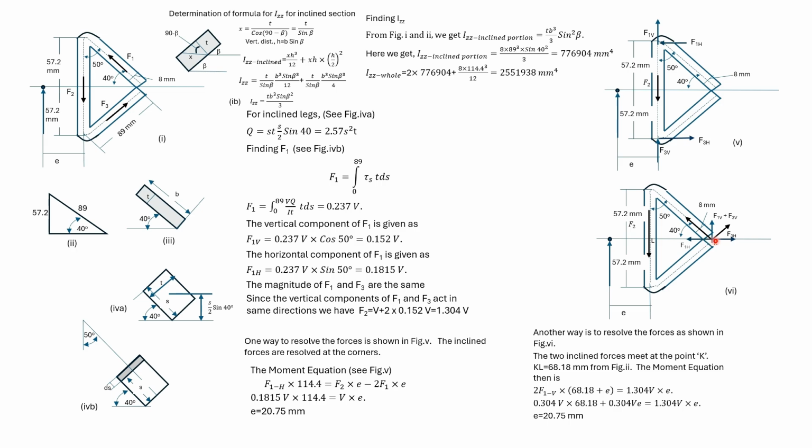In the vertical direction, the force would be twice F1V. The vertical force F2 causes a moment about the shear center, and 2 F1V causes a moment about the shear center. So we equate these two moments to get the value of E.